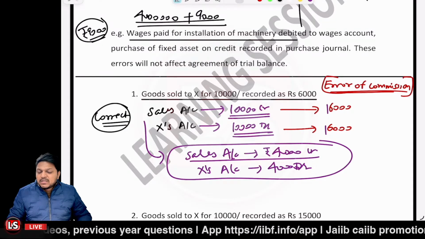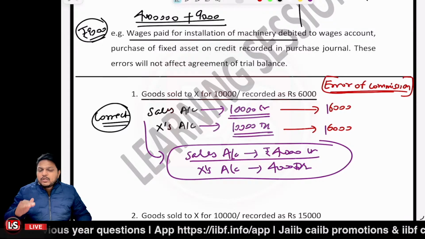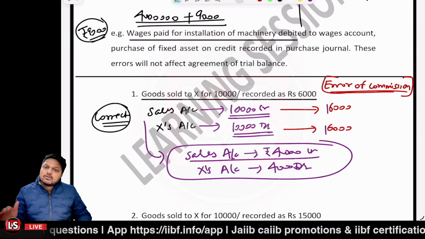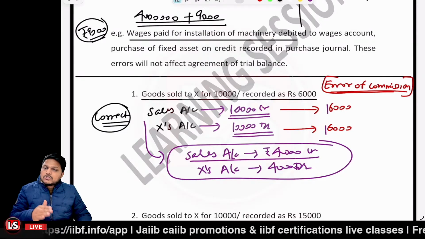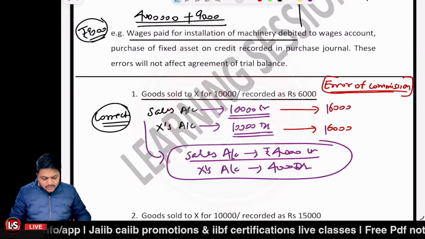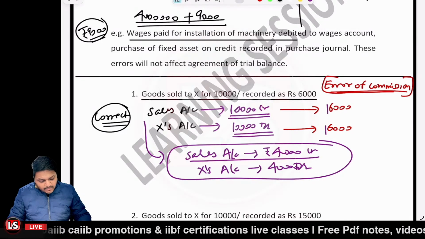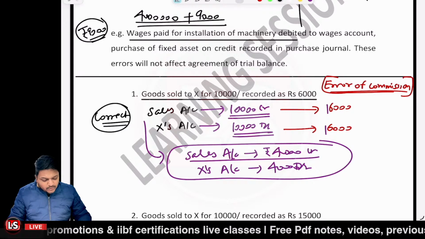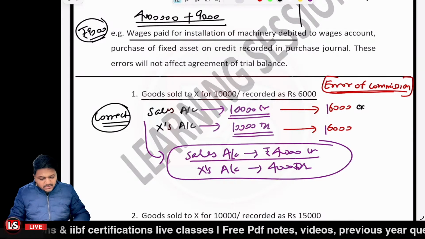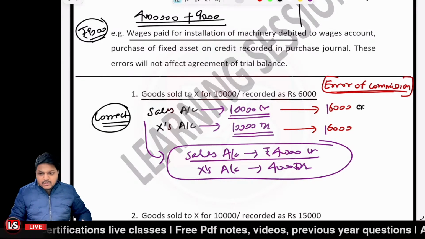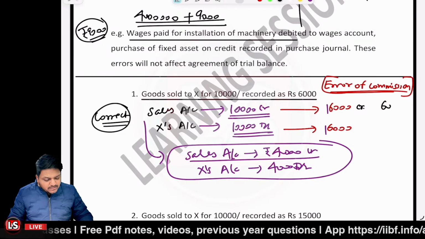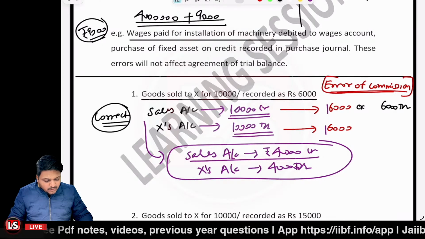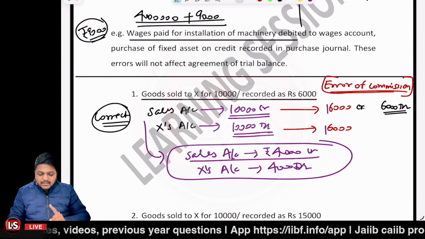Contra means that if we are to reduce the debit effect, we'll be posting on the credit side. If we are to reduce the credit effect, we'll be posting on the debit side. So we were to credit it by rupees 10,000, but it was credited by rupees 16,000. Now we are to reduce the credit side by 6,000. So we'll be posting 6,000 debit in the sales account.